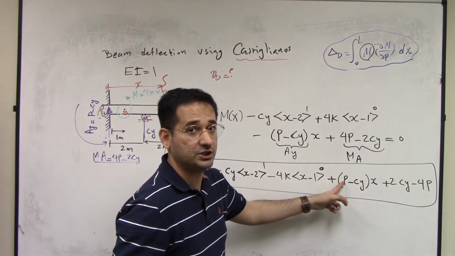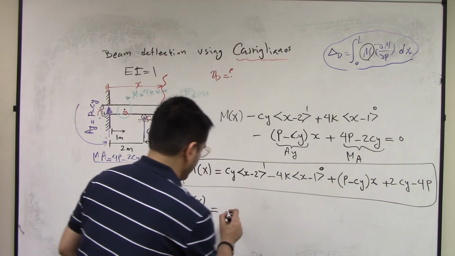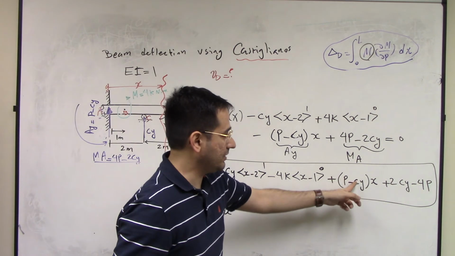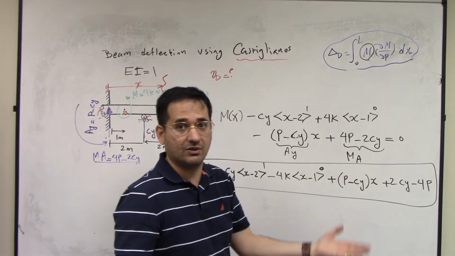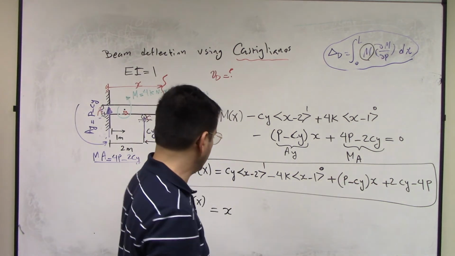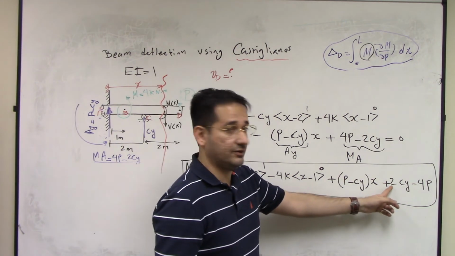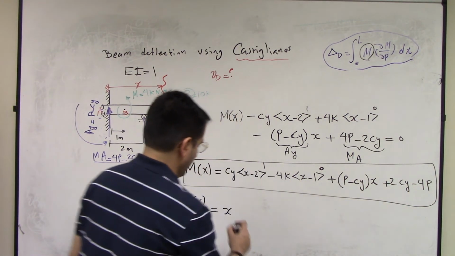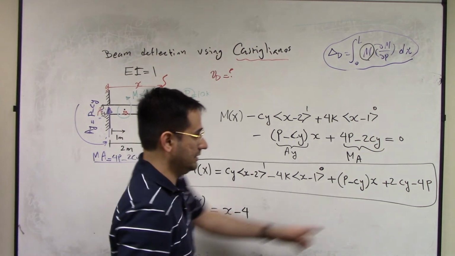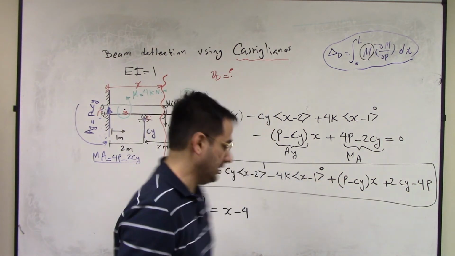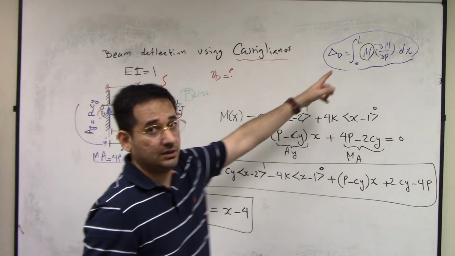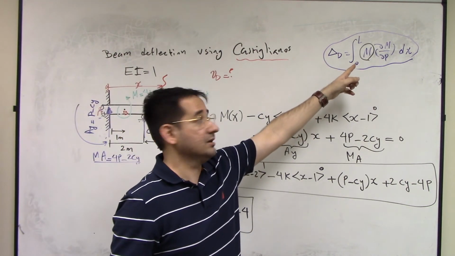So the coefficient of P is x. So there is a derivative with respect to P, x. But the term that says negative CYx, that derivative is 0 because there is no P there. Right? And then derivative 0, there is no P here. There is a P here, x negative 4. The negative 4 is the coefficient of P here. So the second term is even simpler than the first term.